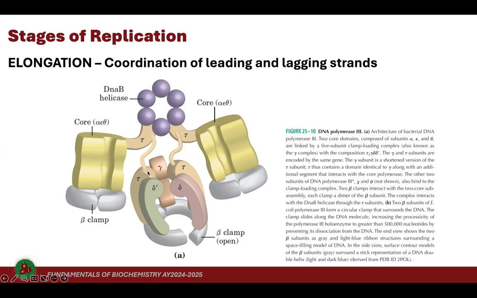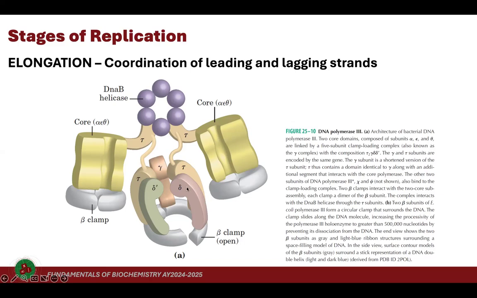And then you have the tau. This tau's function is like a tether. It connects your core to what we call the clamp loader.